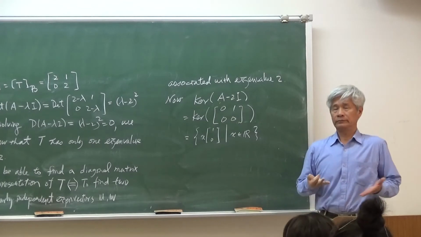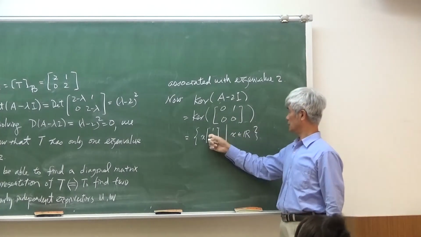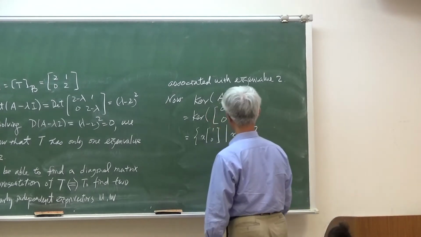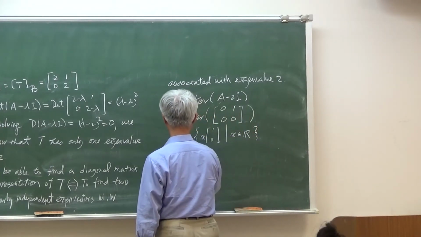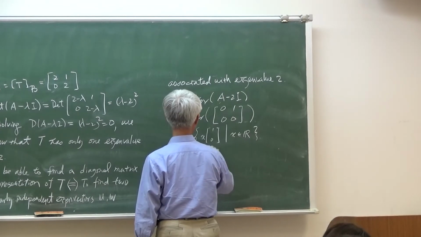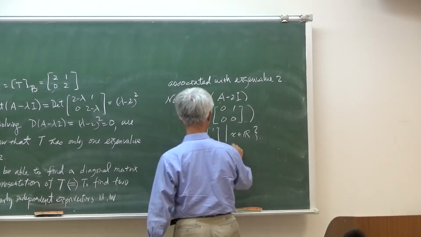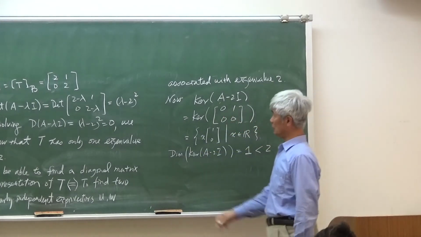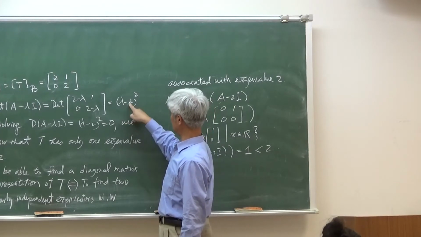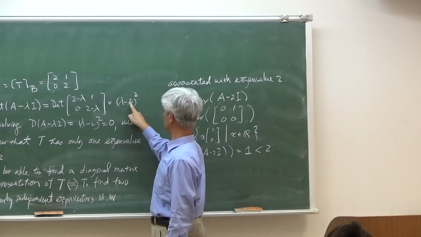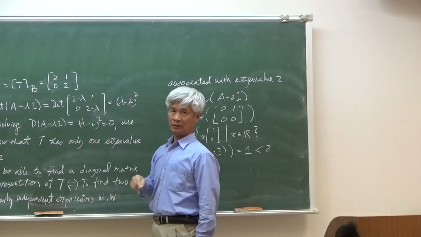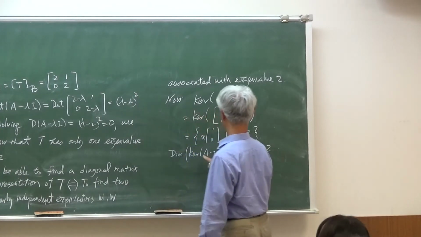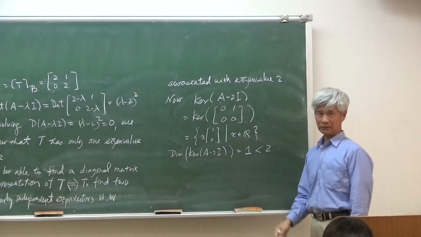Alright, so all kernel vectors are multiples of 1, 0. So the dimension of the kernel is 1. Less than 2. So even though you see that the root of this polynomial has multiplicity two, right? But the dimension of the kernel is 1 only.